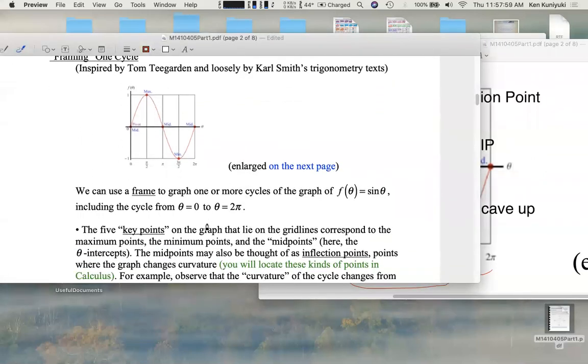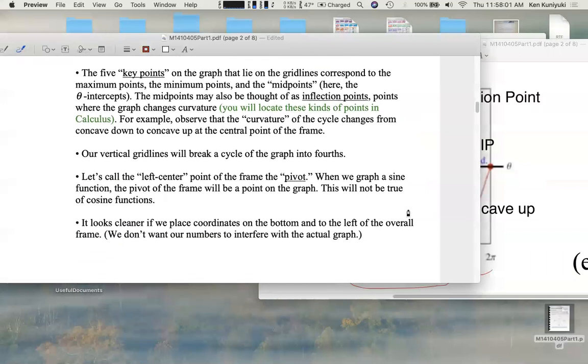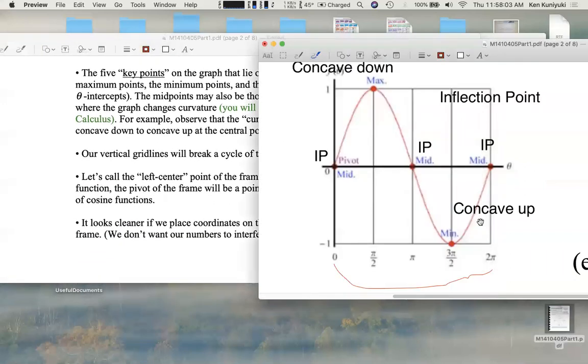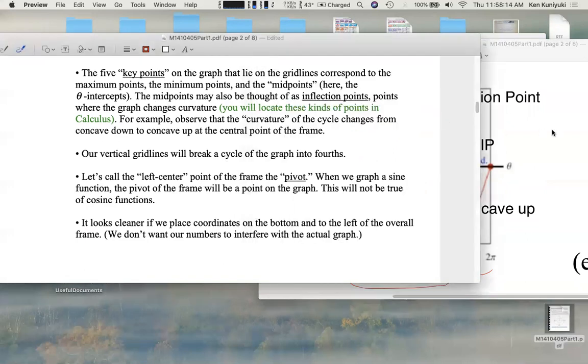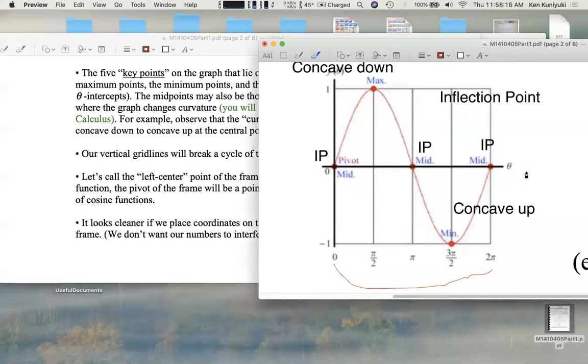Framing one cycle. Okay, so again, what were some key features? Drawing the Kitkat bar. So if you're doing a sine or a cosine function, you do the 3 horizontal line segments and the 5 vertical line segments, breaking up this candy bar. And you're going to get 5 key points. For a sine or cosine graph, you're going to get 5 key points that are intersection points for grid lines.